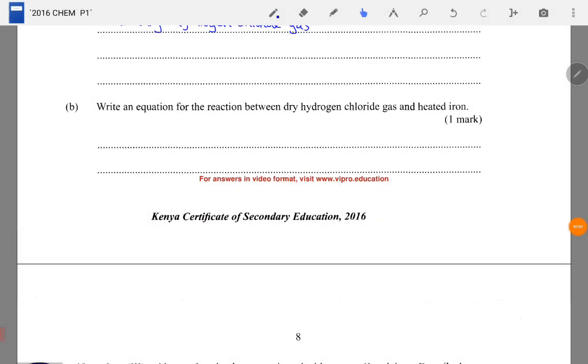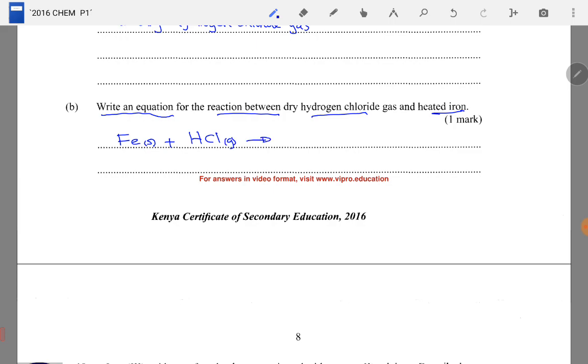Part B, write an equation for the reaction between hydrogen chloride gas and heated iron. We are going to require the chemical symbols, the state symbols, and balancing the equation. All those 3 conditions must be satisfied. So iron, correctly written like that, solid, reacted with hydrogen chloride gas.